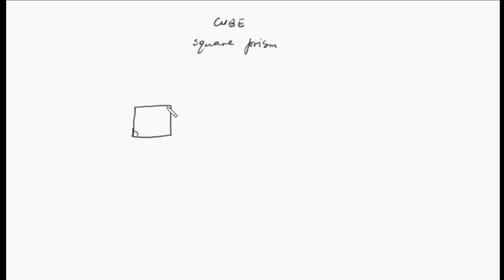Remember, when you talk of a square, we are saying the four sides here are equal. So that would be the cross section. Now, let's say this is the height, this is the breadth, and this would be our length.